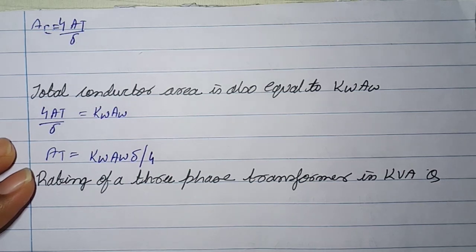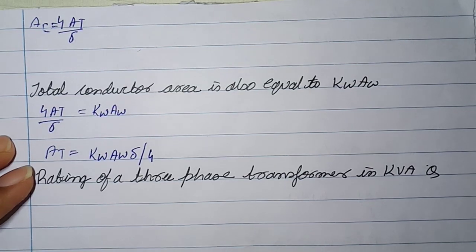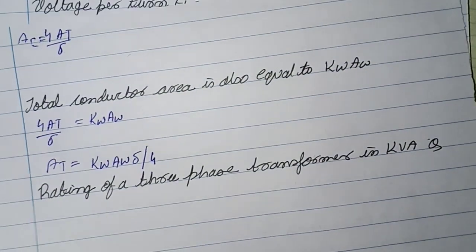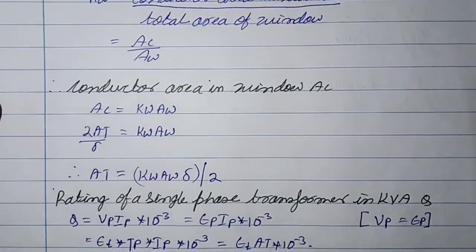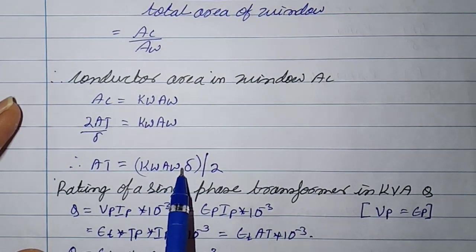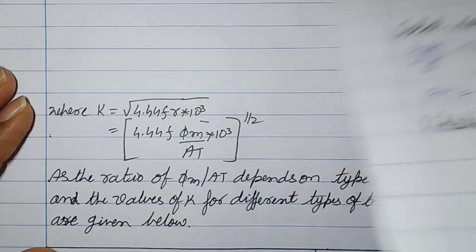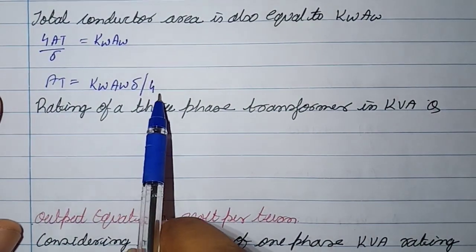This is very similar to our previous derivation, where AT was KW AW delta by 2. Here it is by 4.